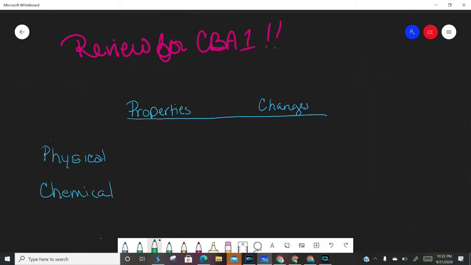Okay, so first, one of the biggest things: chemical properties and physical properties. Remember, a property is a fact. It's normally going to say something is, something has. It has a boiling point. It is red.